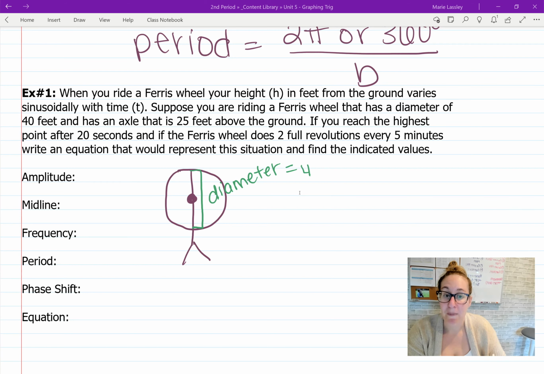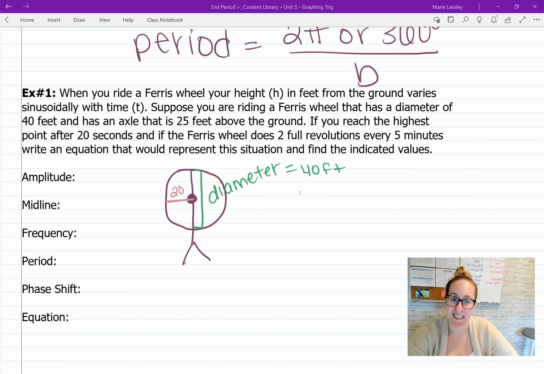Which means that if the diameter is 40 feet, the radius, which is just halfway, is equal to 20 feet. It's half.